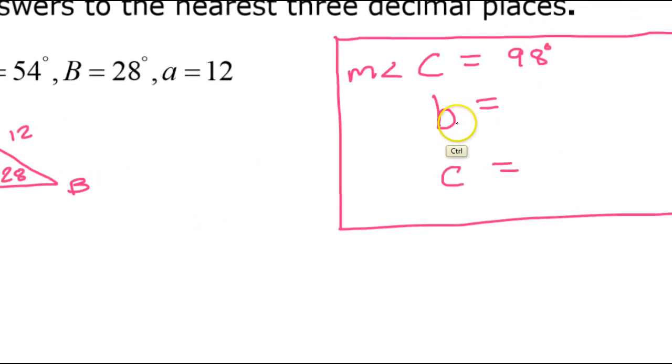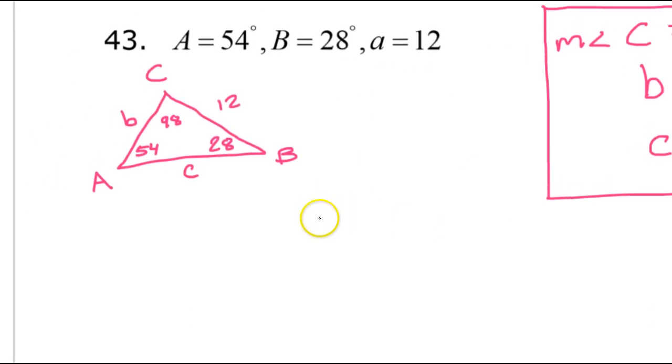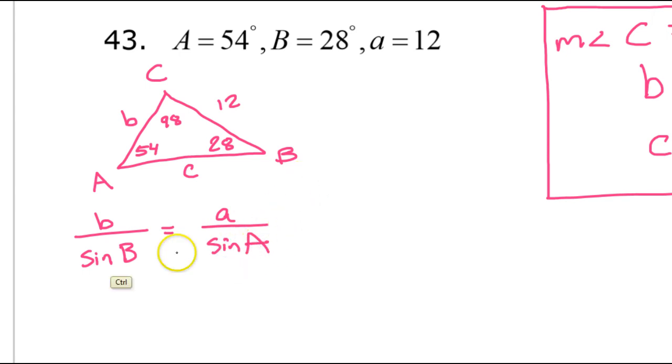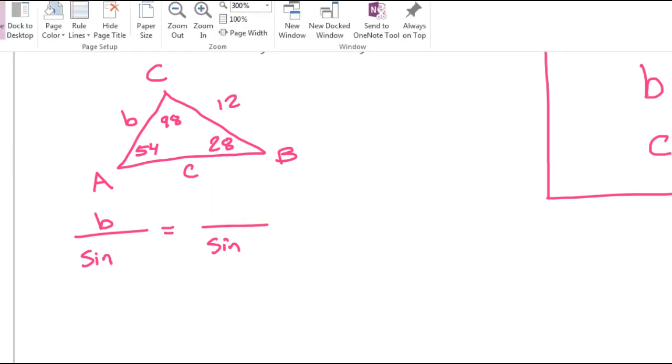All right, now I'm going to go after side B. So here's what the law of sines looks like. Side B over the sine of angle B should equal side A over the sine of angle A. I'm only going to write that down one time, but I'm going to go ahead and fill in because we know that angle B is 28, and we know what side A and angle A are.